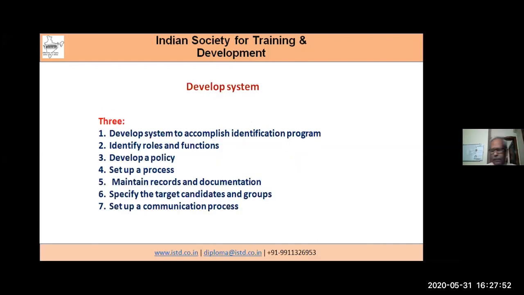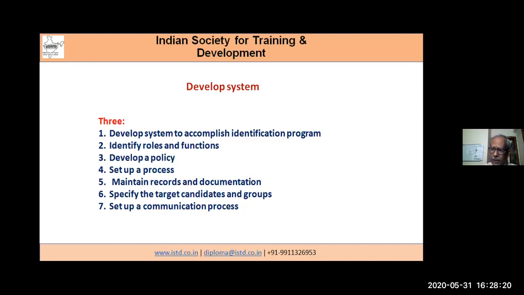They need to develop a system to accomplish the identification program. And as I said earlier, everything has to become very systematic. In developing the system: where we're going, how we're going to identify, what are the sources from where we're going to identify our people. If it is within the organization, then what will be the criteria?